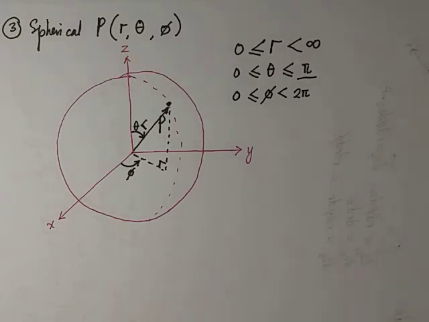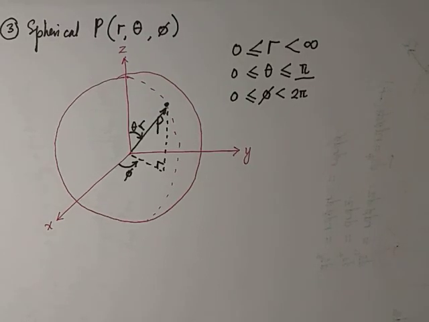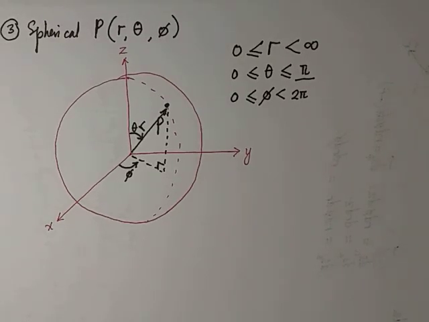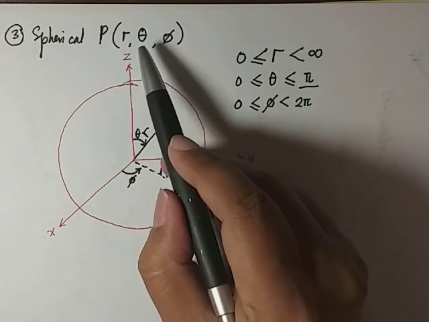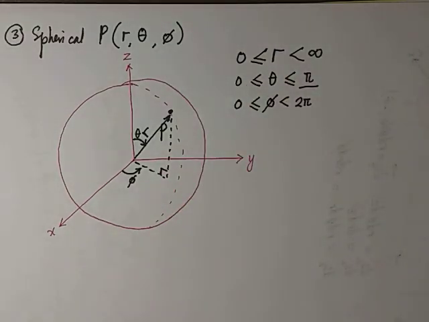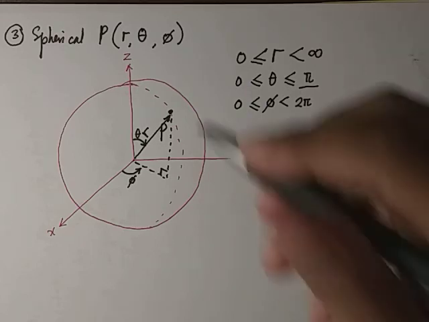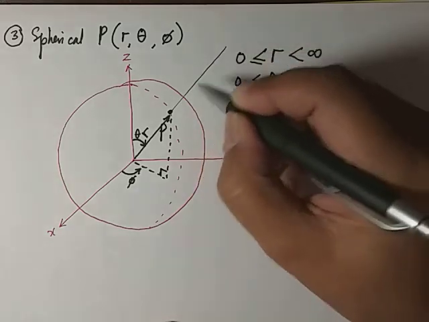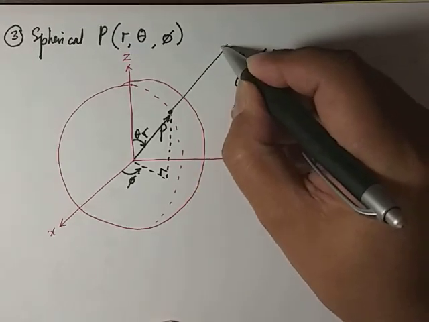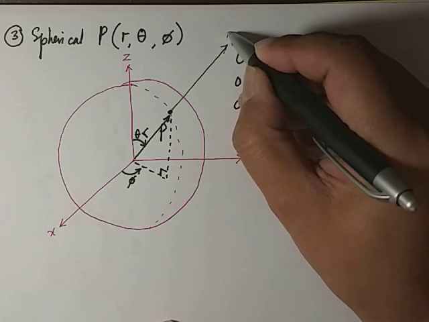So next, we want to determine what the unit vectors should be, because now you want to express the position in terms of a vector. So the vector must consist of the directions r, theta, and phi. So r, as we have seen before, should be extended along the radius to our point P. So that should be positive r.